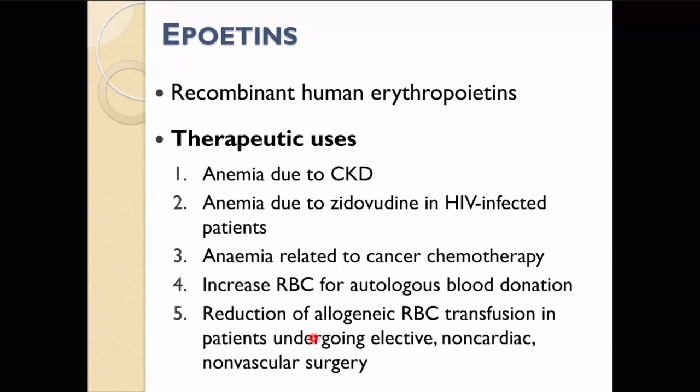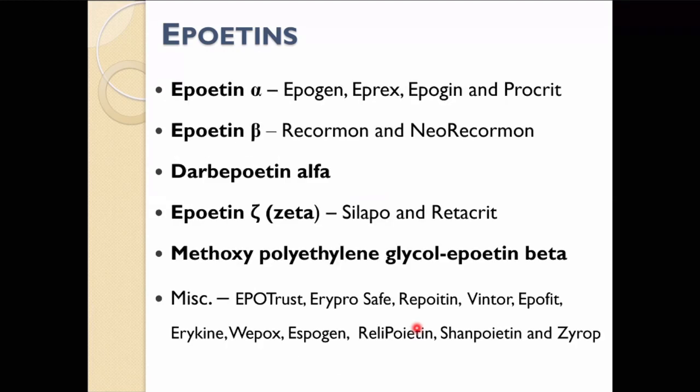There are problems in giving allogenic blood transfusions, like production of antibodies. So if you can avoid blood transfusions as much as possible, it's good. So in certain cases, you can give erythropoietin before surgery and increase the red blood cell mass, so that even if they lose some blood, you would not have to transfuse blood. Okay, so these are the indications of erythropoietins.